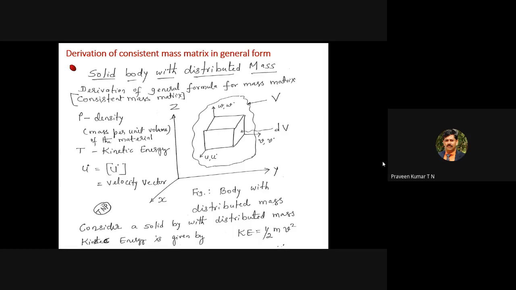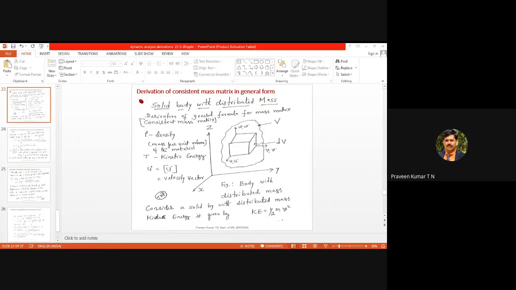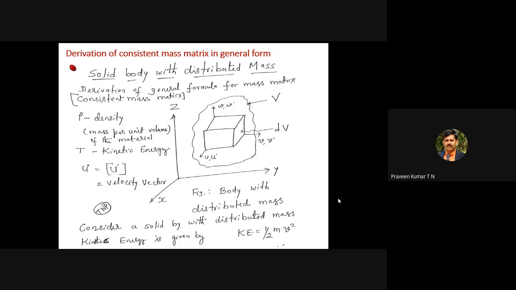So when you come to dynamic analysis, there is an additional force, that is the inertia force, mass into acceleration.